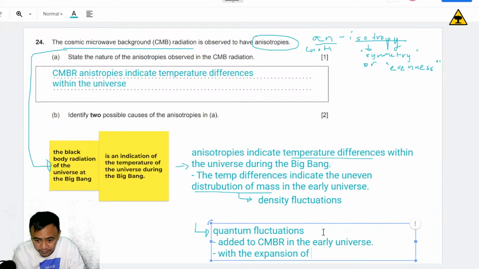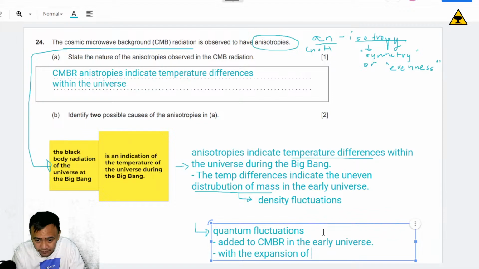So this is another possible source of the anisotropies in the cosmic background radiation.